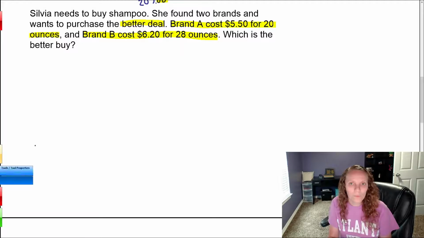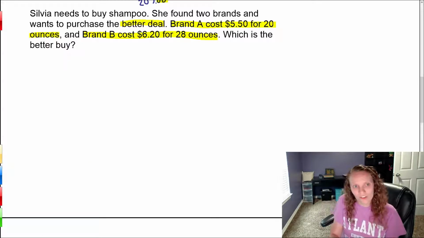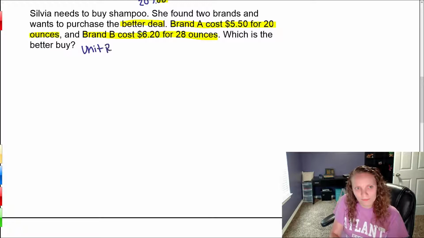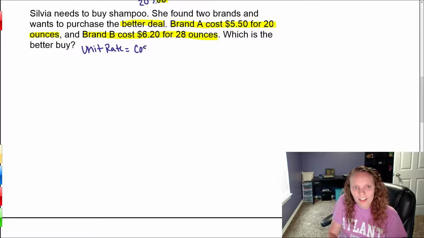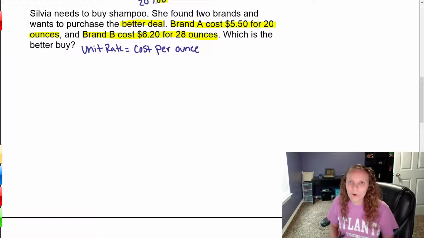So to know which one the better cost is, we want to find what's called a unit rate. Basically, this is going to be the cost per ounce. So we're going to take the total money for each brand and then divide it by the ounces to figure out which one's the cheapest per ounce.